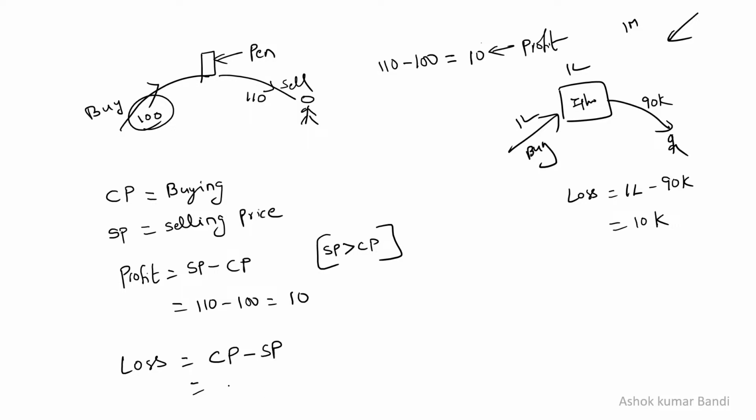In our example, our buying price is 1 lakh, but we are selling it for only 90,000. So our loss is 10,000 rupees. CP is the cost price, SP is the selling price, profit is the difference between SP and CP, loss is the difference between CP and SP. Now we'll see all of them together in a single example.